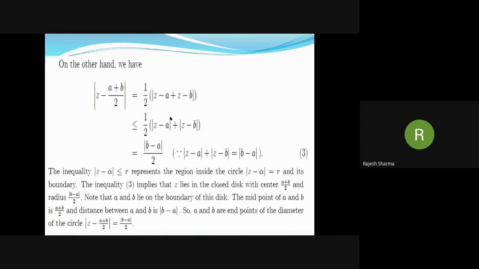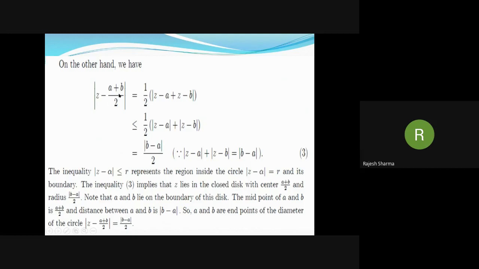So if we have |Z - A| + |Z - B| = |B - A|, then this implies that Z lies on the straight line passing through A and B. Also, with this relation, we calculate that |Z - (A + B)/2| is equal to half of |(Z - A) + (Z - B)|, and on using the triangle inequality this is less than or equal to this expression, but this is equal to |B - A|.